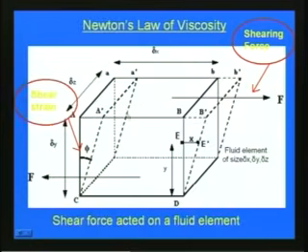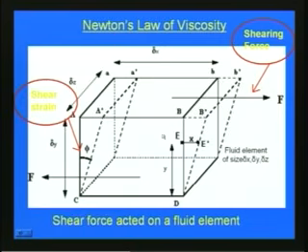Now in this slide you can see a fluid element like this, to which a shear force F is applied. Here we are considering a fluid element of size delta x, delta y and delta z, and a shear force F is applied in this direction at the top and in the other direction at the bottom.